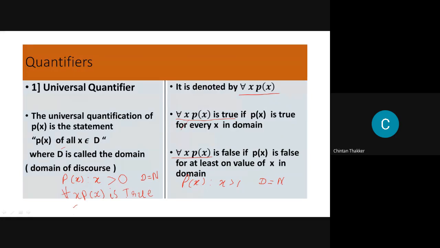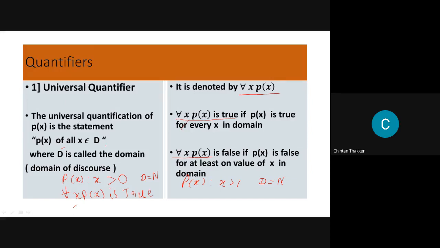For x equal to 3, P(x) is true. For x equal to 4, P(x) is true. So for all x belongs to D, if x is greater than or equal to 2, P(x) is true.